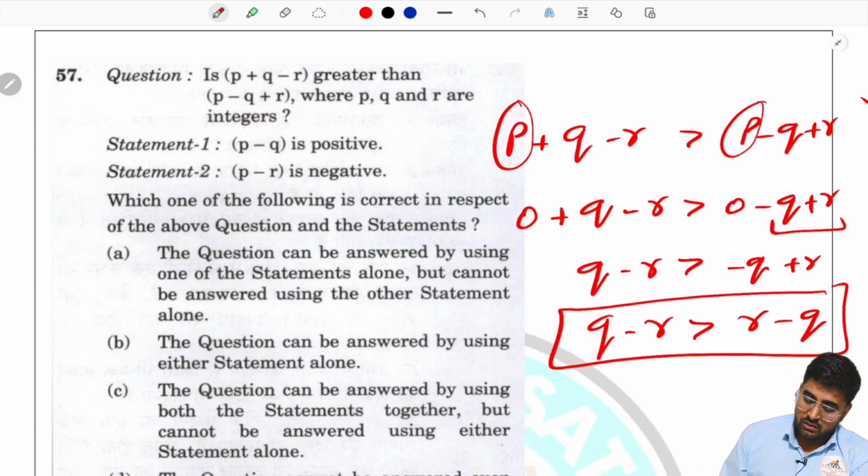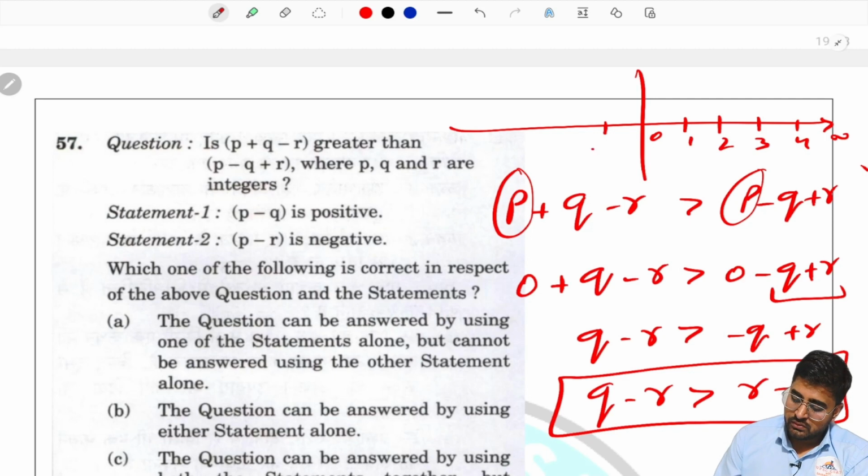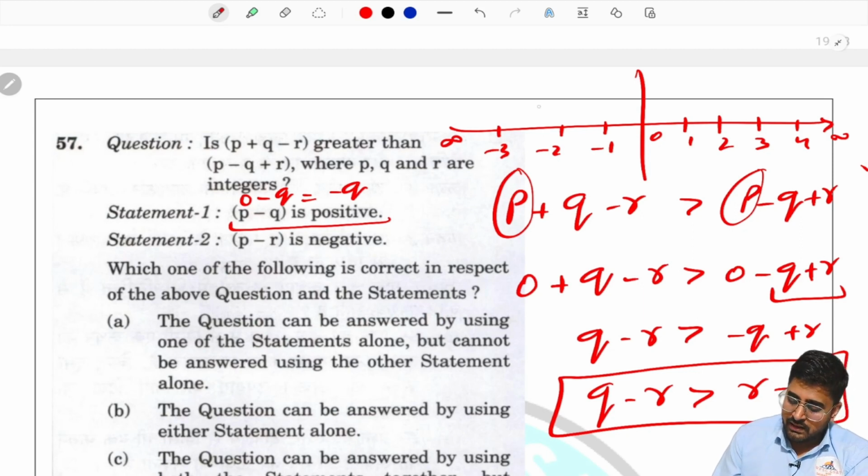Now statement 1 says P minus Q is positive. To understand it better, let me draw a timeline, and so on. In this part, when we put 0 here, 0 minus Q is equal to minus Q, and they are saying it is positive, meaning minus Q lies in the positive quadrant here.